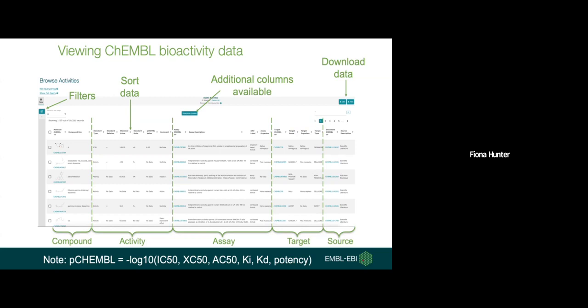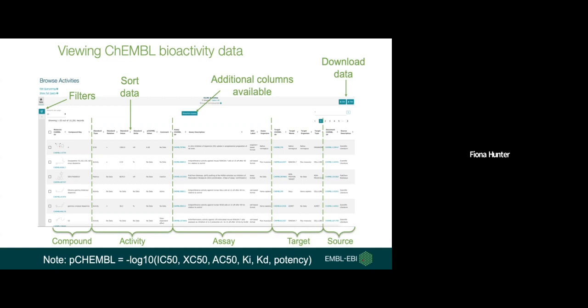Then the third column, we have the assay, a description of the assay, a mapping to any ontologies, in this case, the BioAssay Ontology. Then we have information about the target name, which organism it's been recorded in and what type, whether it's a cell line or a protein, and then information about the source.